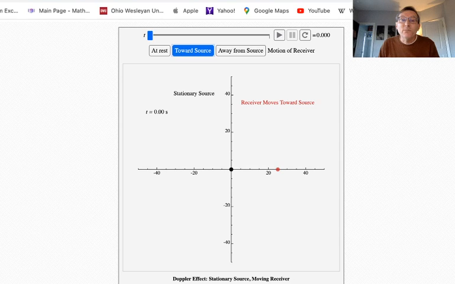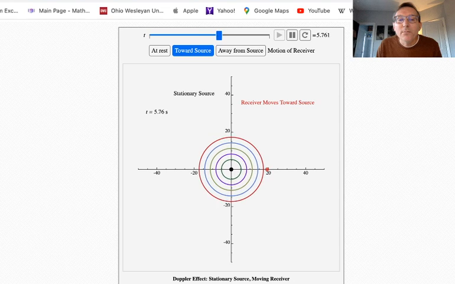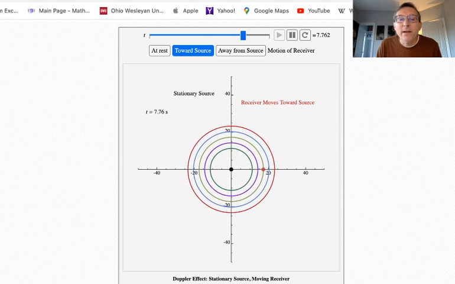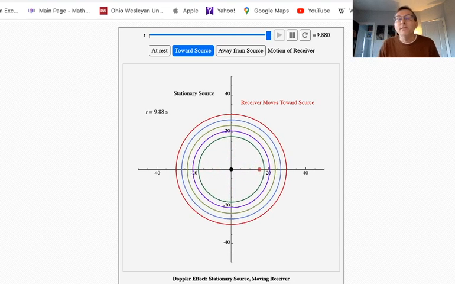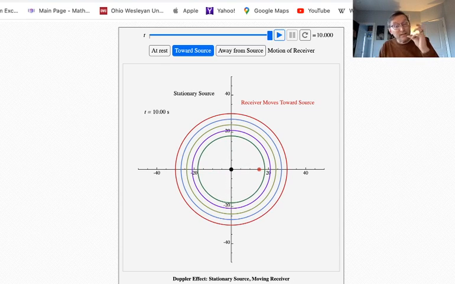So let's see if we can get any feeling for what that new frequency is. Note the receiver is moving. Ping, ping, ping, ping, ping. More rapid rate of pinging. The frequency is now higher. You see what I'm saying?